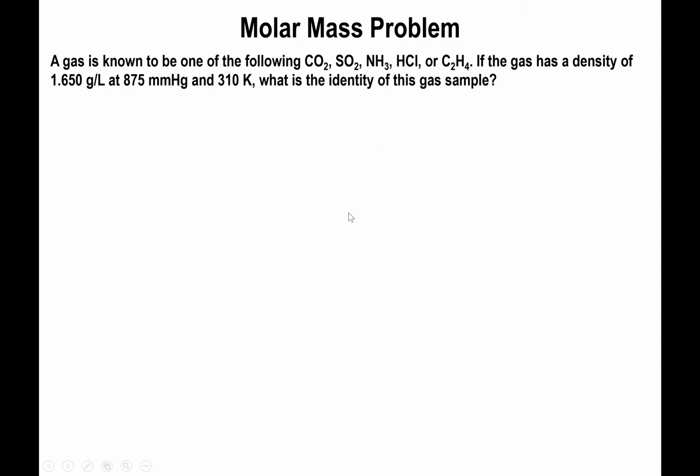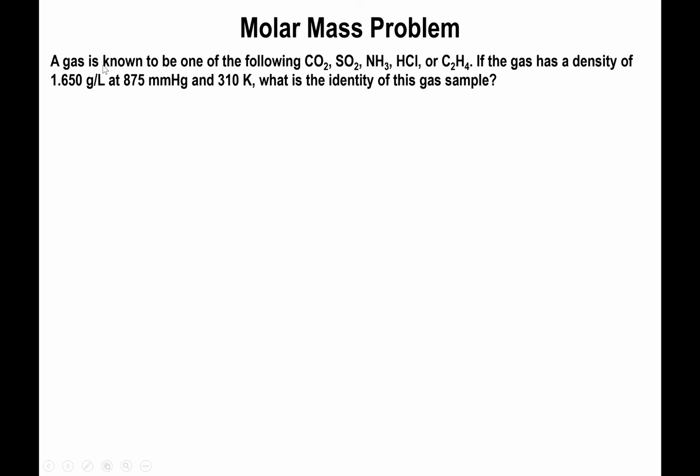Alright, so the reason why I am saying that this type of derivation may be the most important one is because when you know the molar mass, you have a means of identifying your gas itself, because the molar mass of a gas is attributed to what kind of elements and what amount of those elements are present within the gas itself.